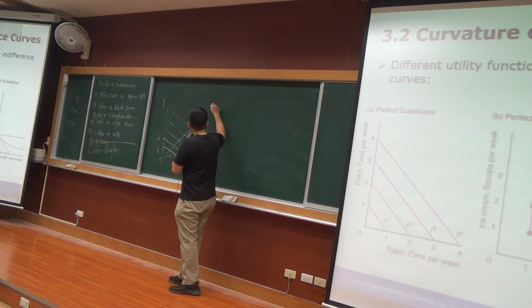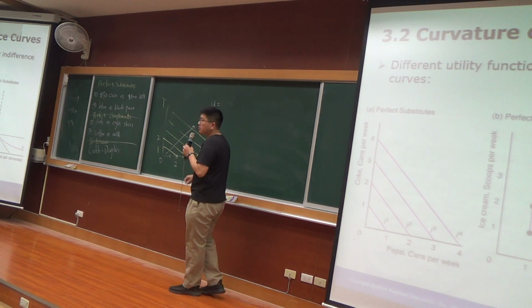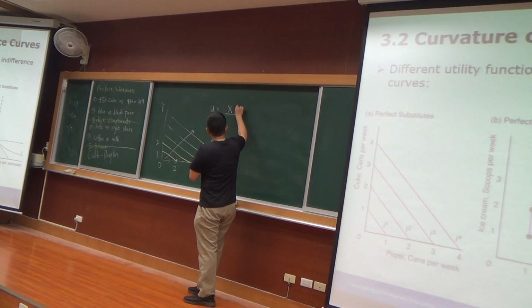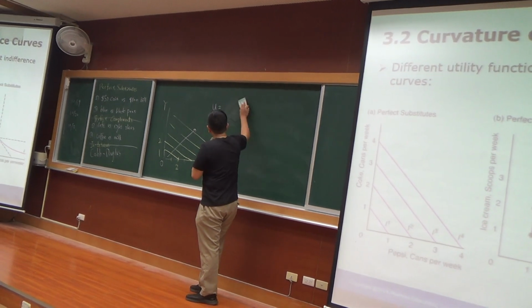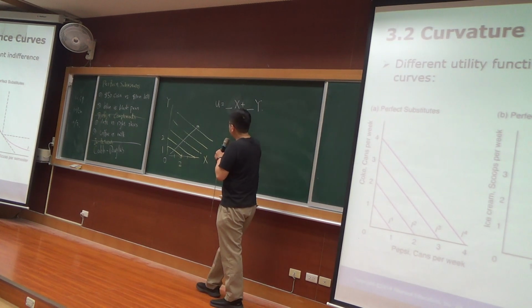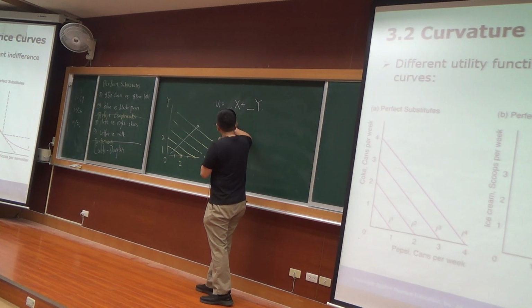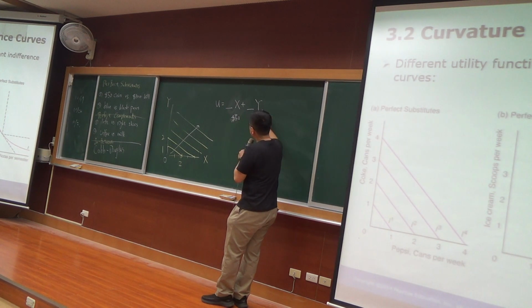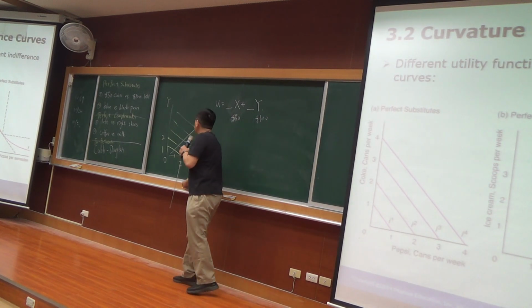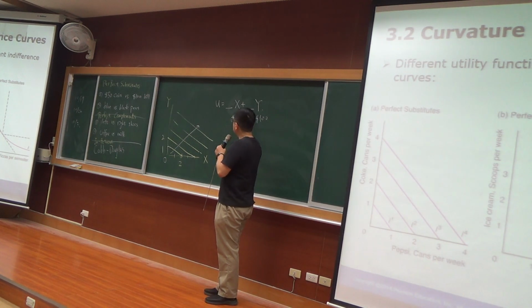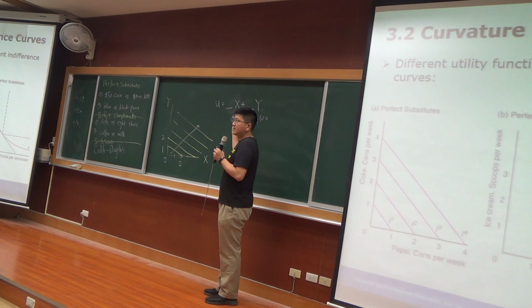We may use utility equals something on X and something on Y. Now X is $50 coins and Y is $100 bills. So should the coefficient be 1 to 2 or 2 to 1?